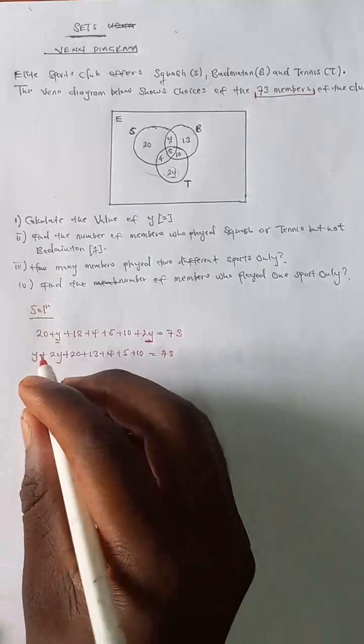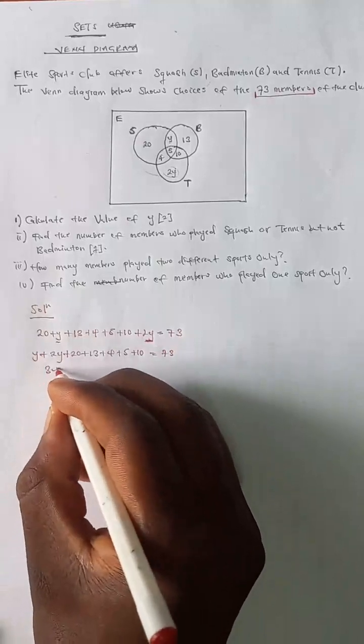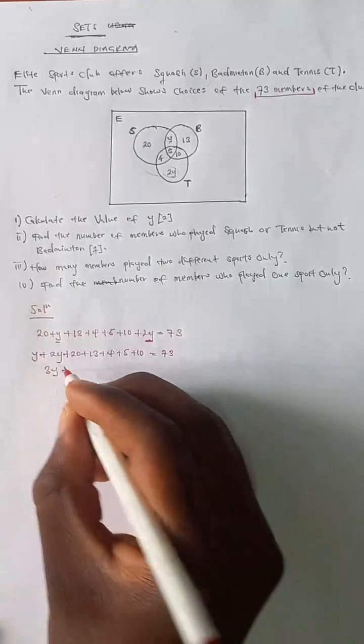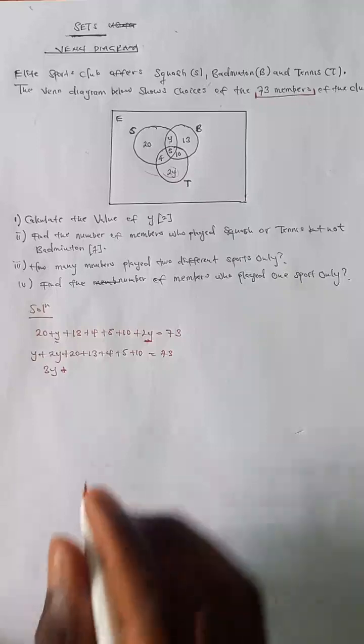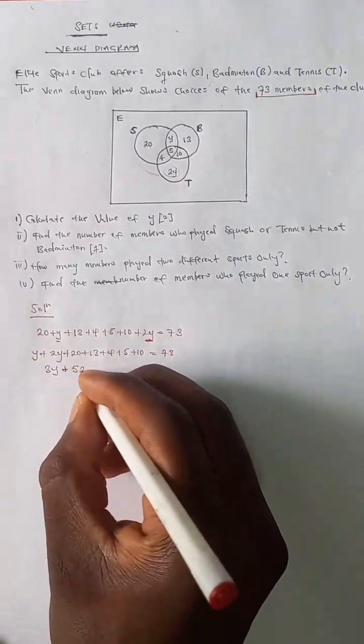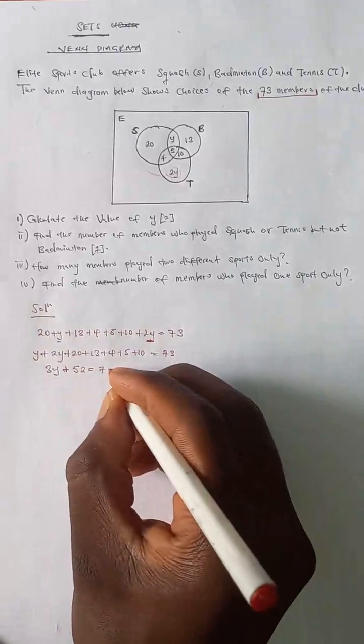Y plus 2y, my answer is 3y. Then I add 20 plus 13 plus 4 plus 5 plus 10. The answer here is 52, which is equal to 73.